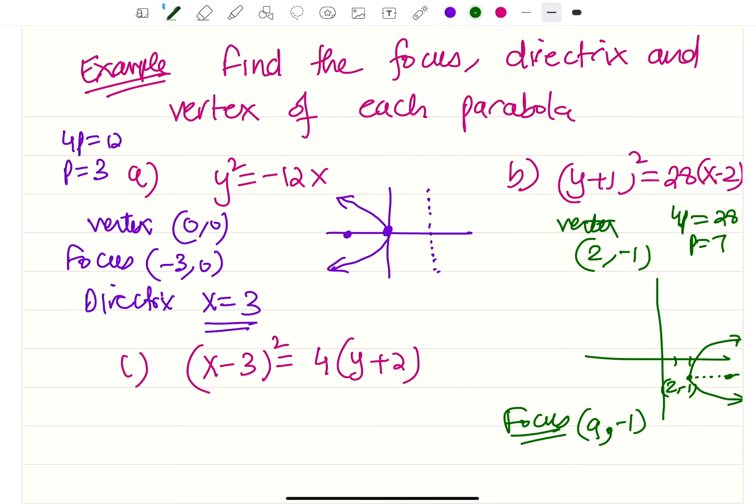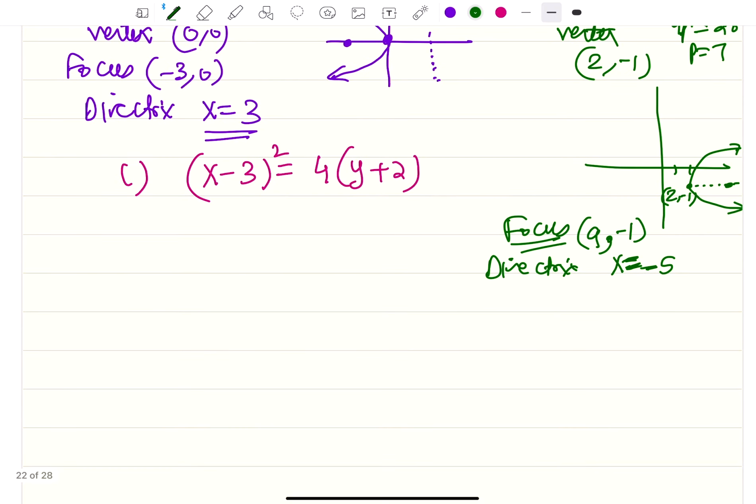The focus will be (9, -1), and the equation of the directrix in this case will be going 7 units to the left, which will be x = -5.